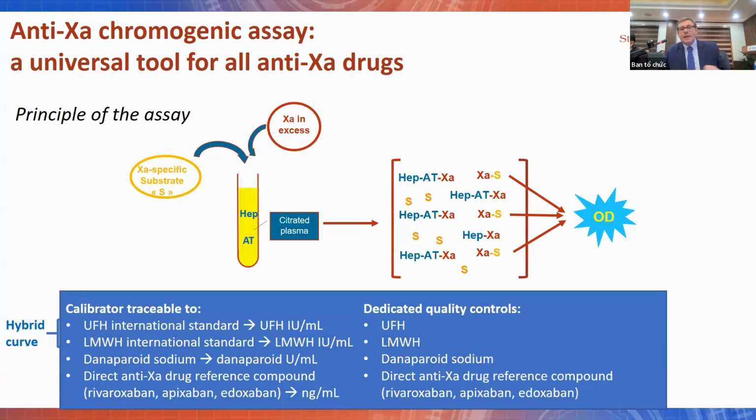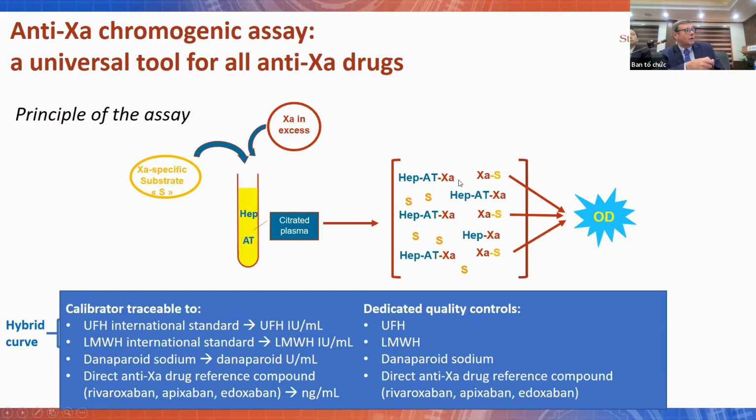The anti-Xa assay is a chromogenic assay in which you have your plasma sample in a tube or a cuvette in the instrument, and you add factor Xa in excess and a factor Xa-specific substrate. You mix all together in your plasma sample, which contains the antithrombin from the patient and the heparin that the patient has received.